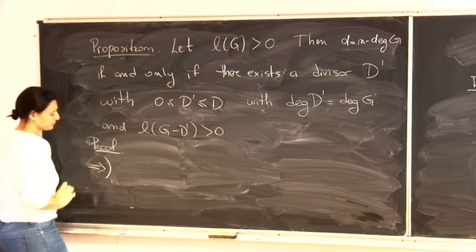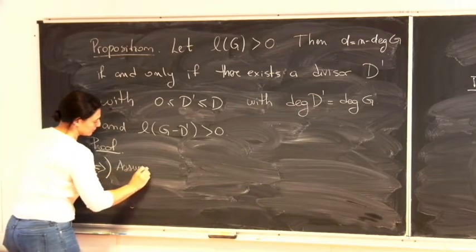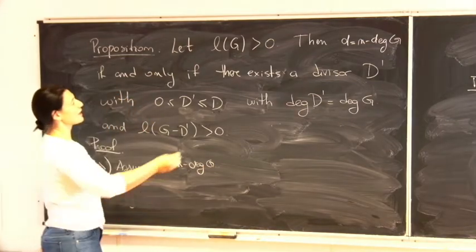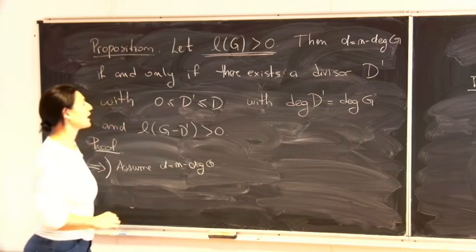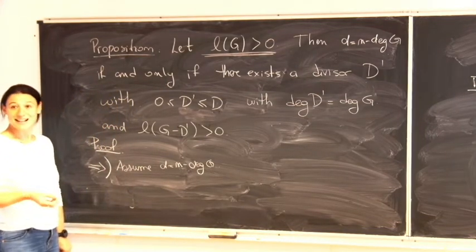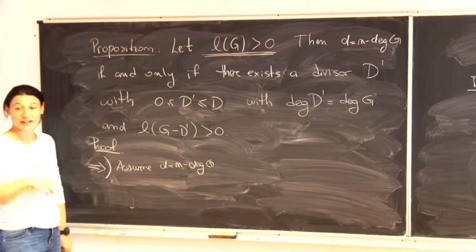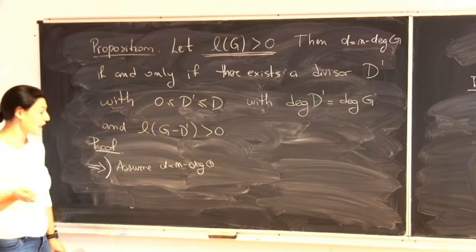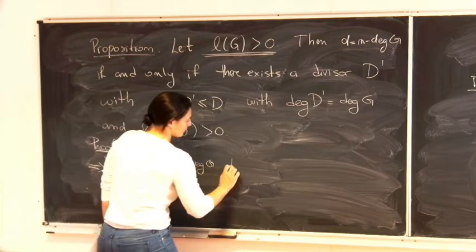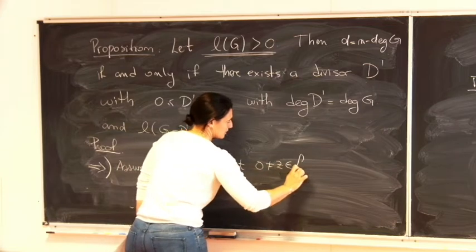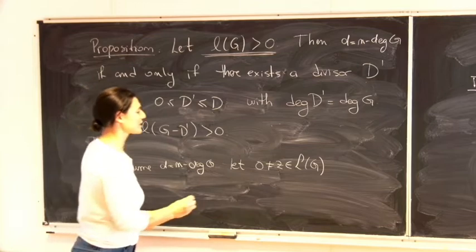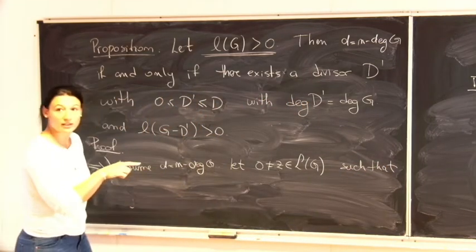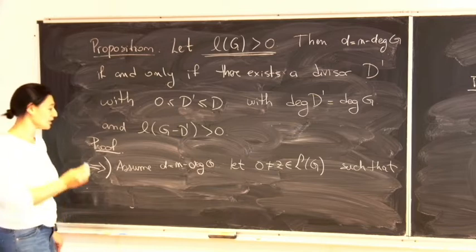So we go this way. Assume that d is exactly n minus degree of G. Since my hypothesis is that the Riemann-Roch space has a positive dimension, I can pick a non-zero element inside the Riemann-Roch space associated to G, such that this minimum distance is realized, which is that the weight of the word using this C is exactly d.